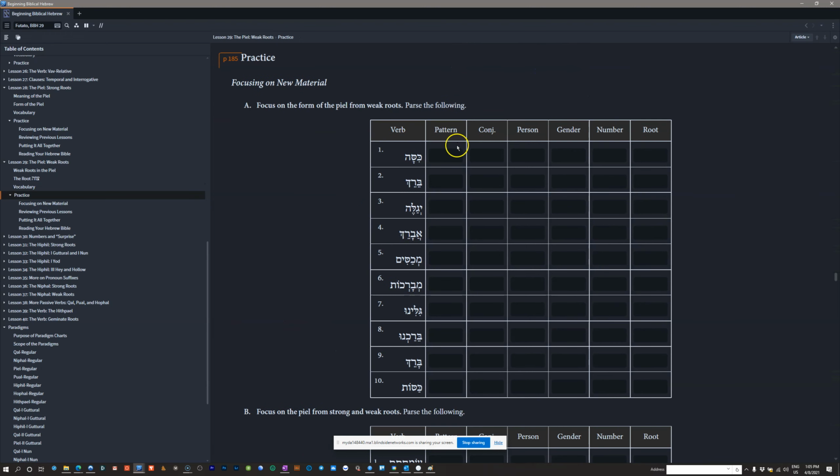All right, so A, again, same thing as before. We're just now in weak roots, okay? So we're still looking for the same diagnostics, but they're going to be a little trickier now because we've got some weak letters. So for example, in a standard strong Piel perfect 3ms form, which is what we have here, we would get kisei with a sere.